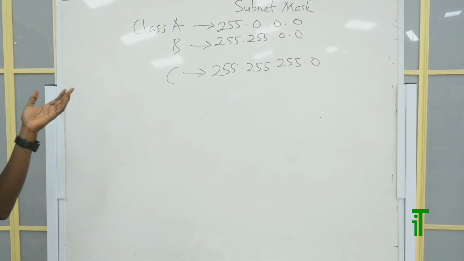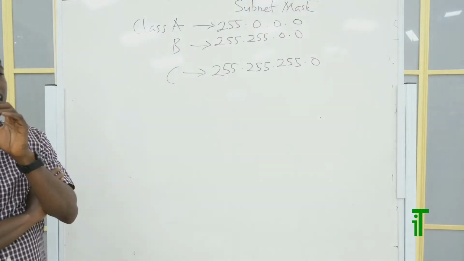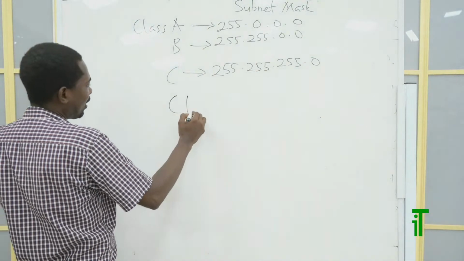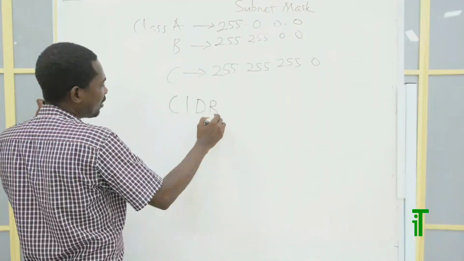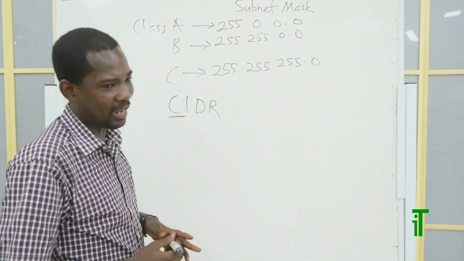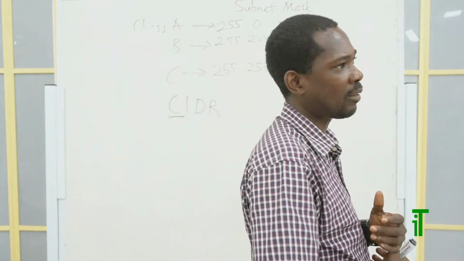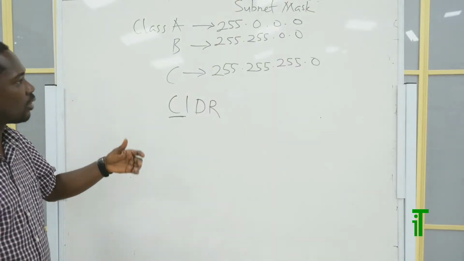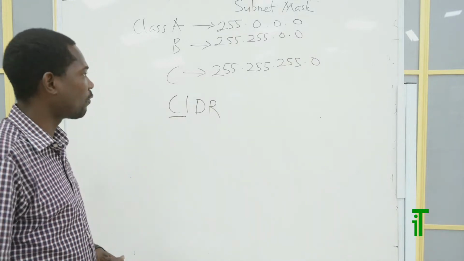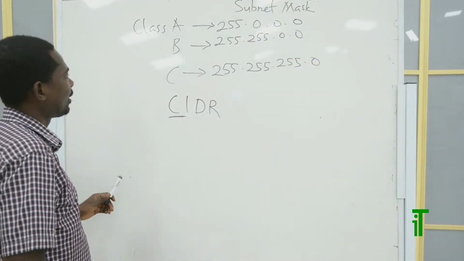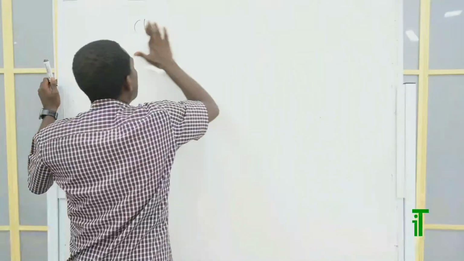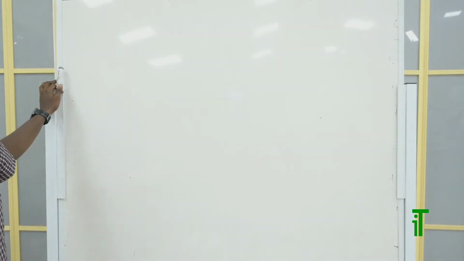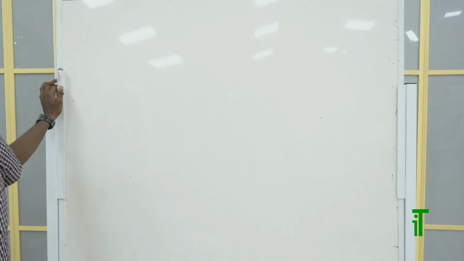Now, CIDR means classless inter-domain routing, where we don't really look at the class. We could form different prefixes, and as it was given to us, it is /24. And that's what we are going to work on. We're going to look for the class.